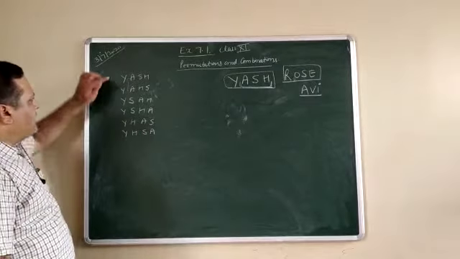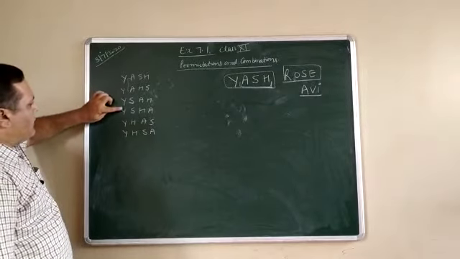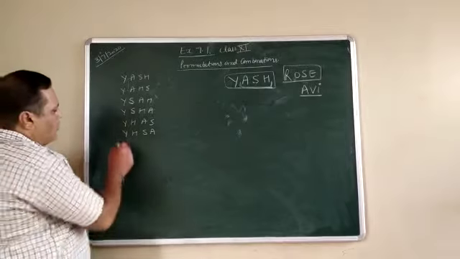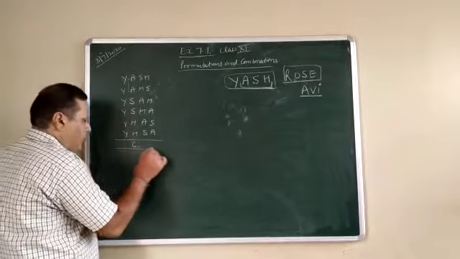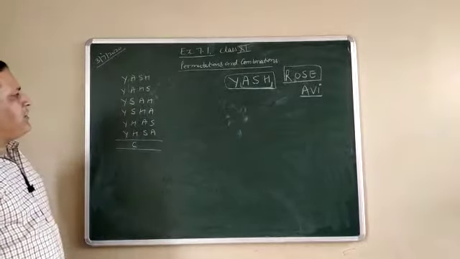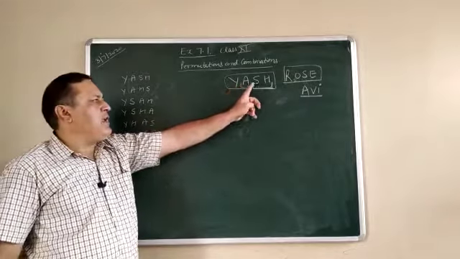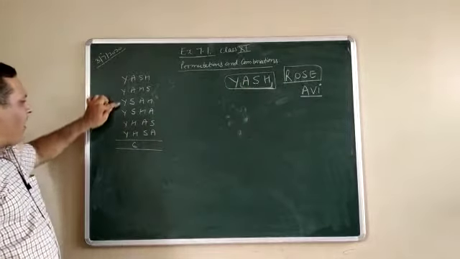In this way, 1, 2, 3, 4, 5 and 6. In total 6 different words can be generated from the letters of YASH by keeping Y at the first position.